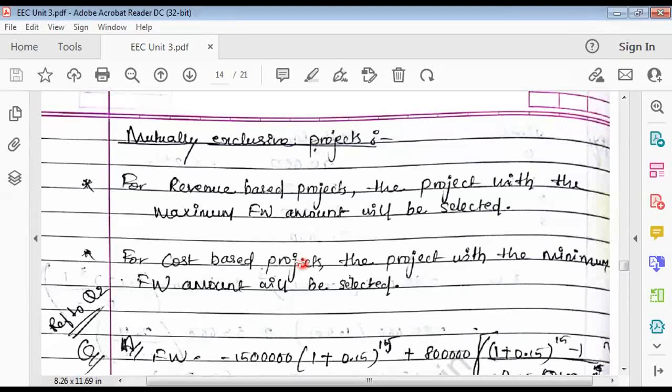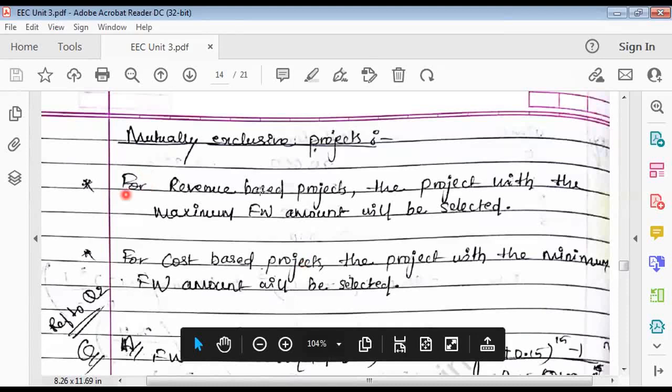It is very important that you correctly identify this, else you will end up applying the wrong decision rule. So after identifying, look at the decision rule, which is quite similar to the decision rule that you had under the present worth method.